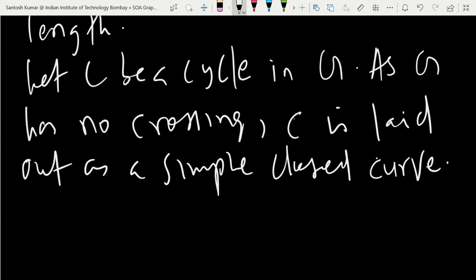So C is a cycle in G, and G is a planar graph. That's why it will have no crossing of edges, and that's why you can say C is a simple closed curve.